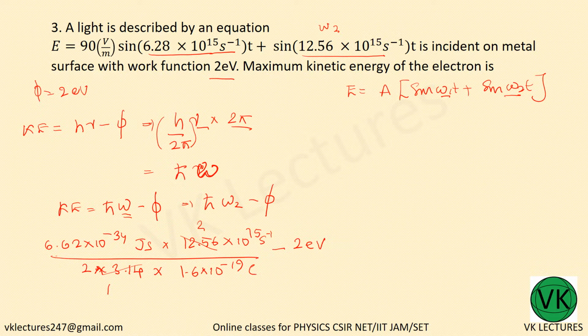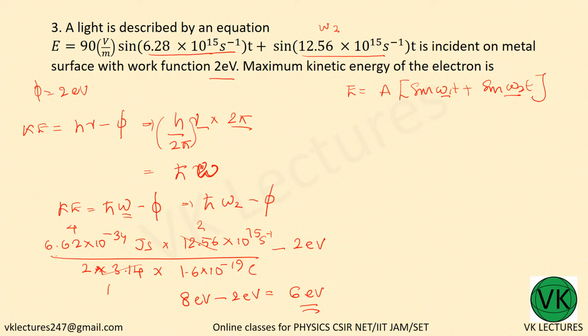This 10 to the power 15 and 10 to the power minus 34 will become 10 to the power minus 19. So what is left is 4 into 2, that is almost 8 electron volt, minus 2 electron volt, which is equal to 6 electron volt. That is the maximum kinetic energy of the electron.